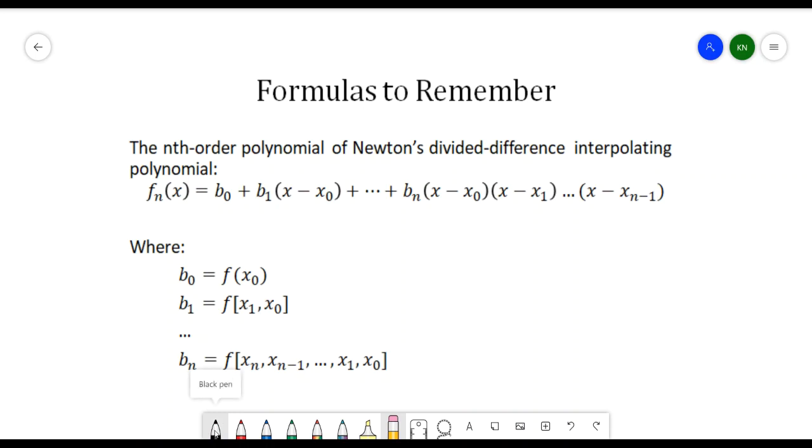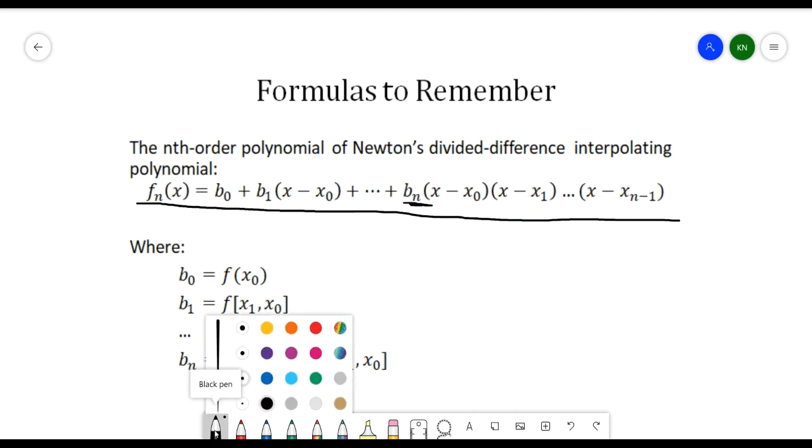We have f sub n of x equals b sub 0 plus b sub 1 multiplied by x minus x sub 0 plus, so on and so forth, until the nth power of our polynomial.